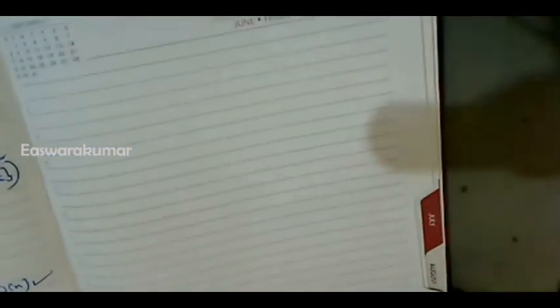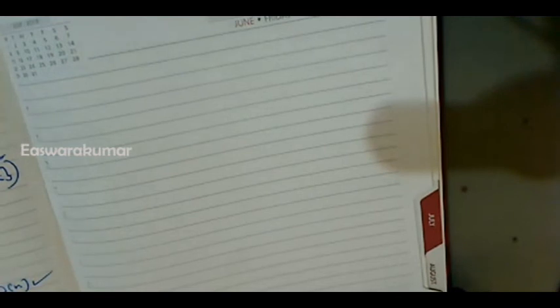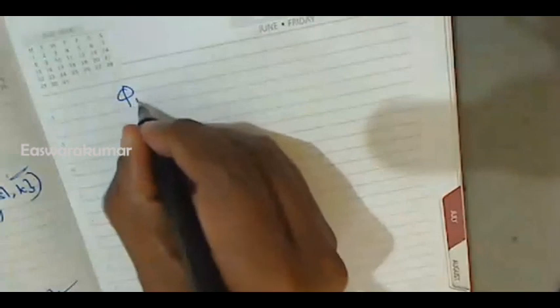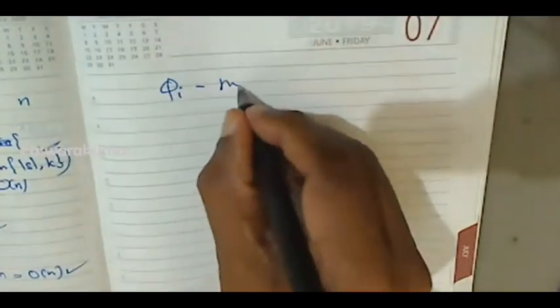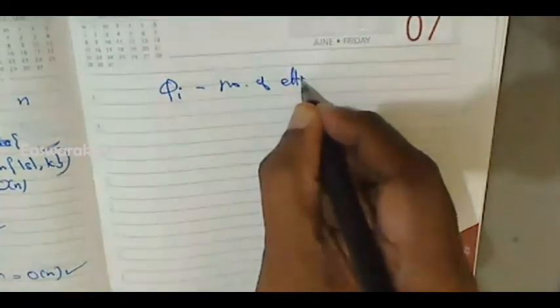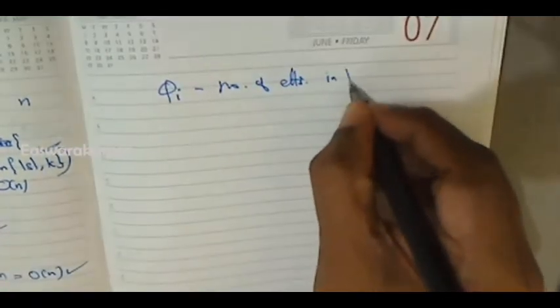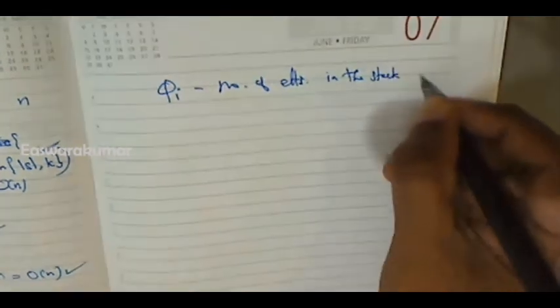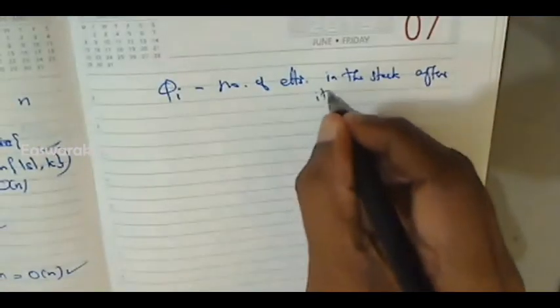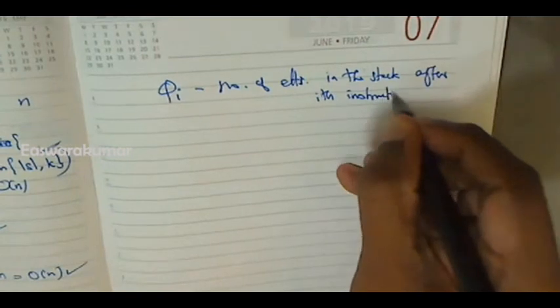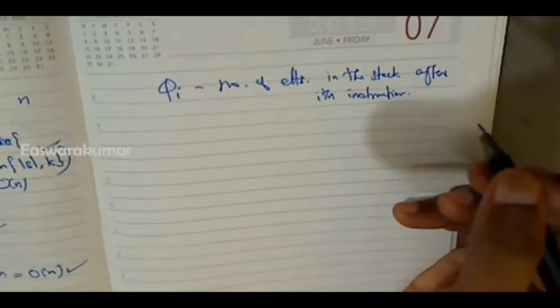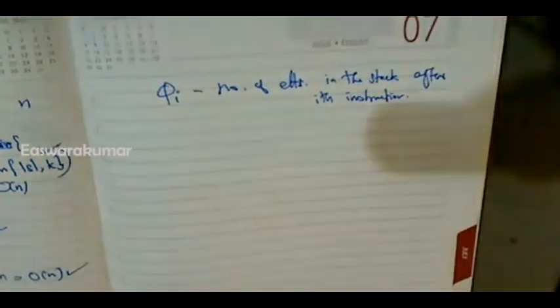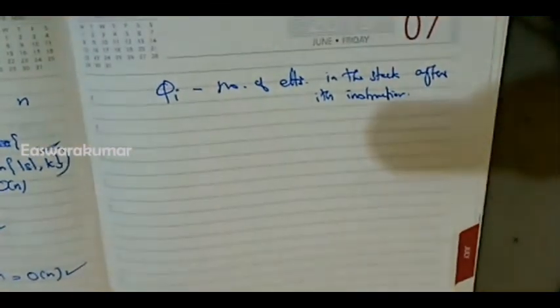Now we can come to our problem. We have to define the potential function pi i. What is this pi i? Pi i is the number of elements in the stack after the ith instruction.